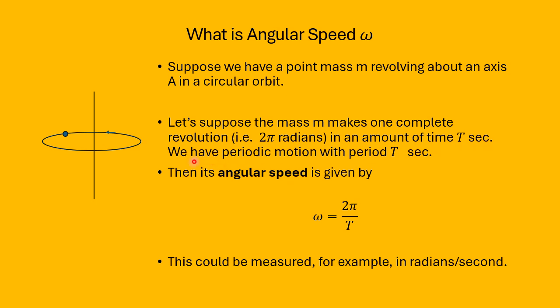Well, in that case, we have a periodic motion with period T seconds, and we will define the angular speed of this mass as omega equals 2 pi, measured in radians, divided by T, which in this example we measured in seconds. So in this example I have measured omega in terms of radians per second. We'll almost always talk about radians when we're talking about omega, but of course T could be measured in seconds, hours, years, whatever.